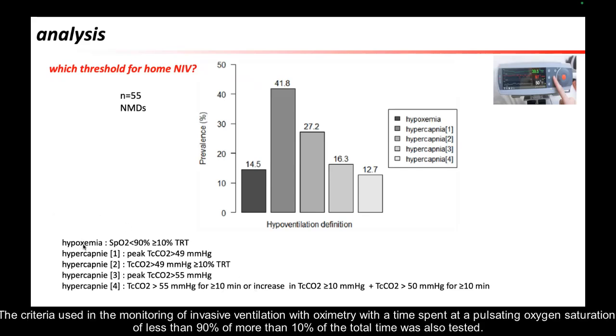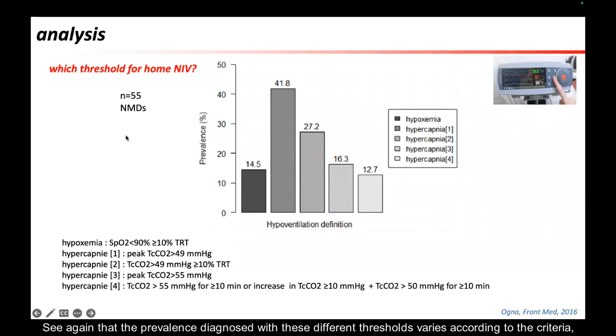The criterion used in the monitoring of non-invasive ventilation with oximetry, with a time spent at a pulsed oxygen saturation of less than 90% for more than 10% of the total time, was also tested. See again that the prevalence diagnosed with these different thresholds varies according to the criterion, with the Ward criterion 42% of patients, the oximetry criterion 14% of patients.